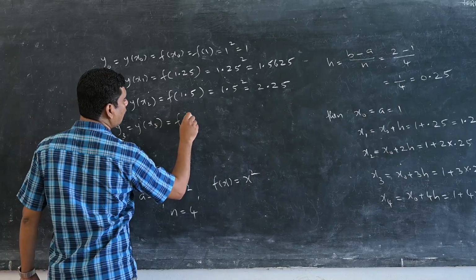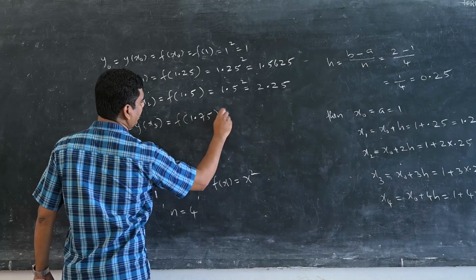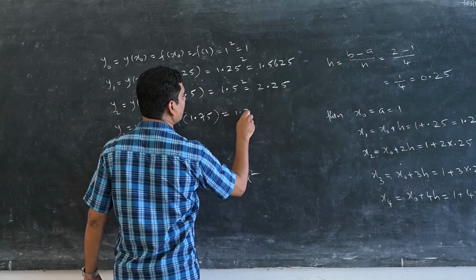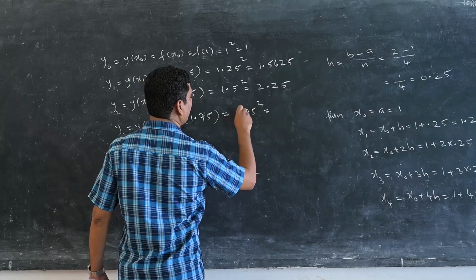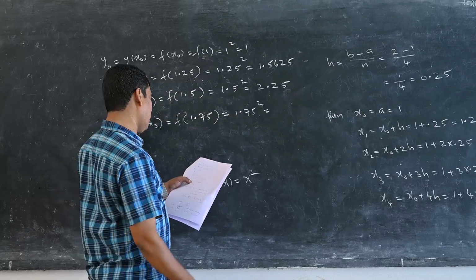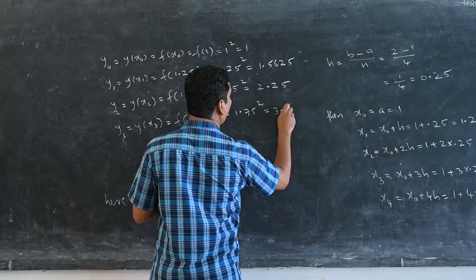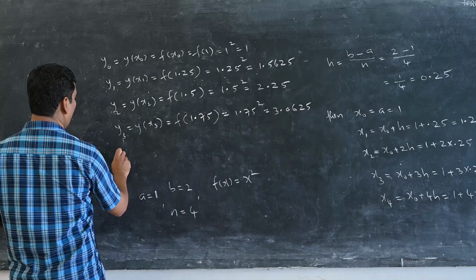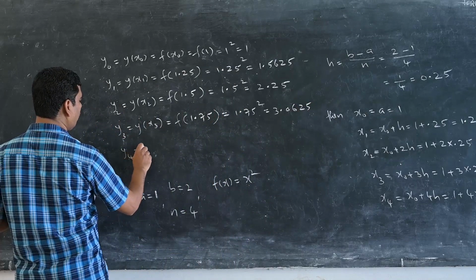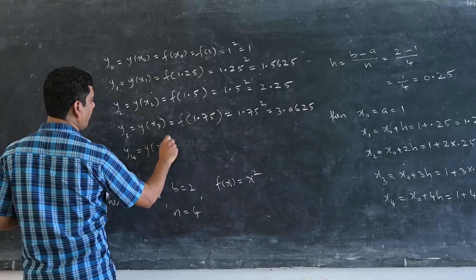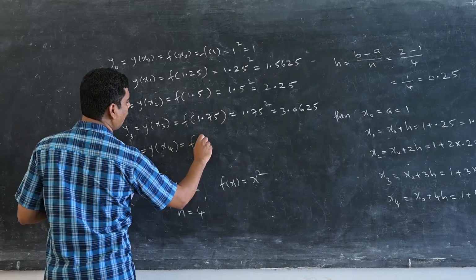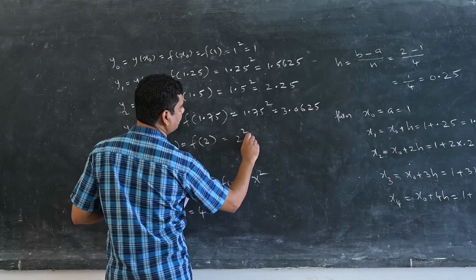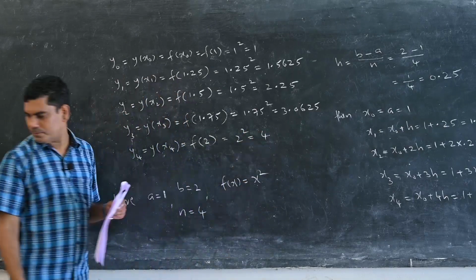Is f of 1.75. x3 is 1.75. 1.75 square. This is equal to 3.0625. Y4 is equal to y of x4. This f of 2, x4 is equal to 2. This is equal to 2 square. This is equal to 4.